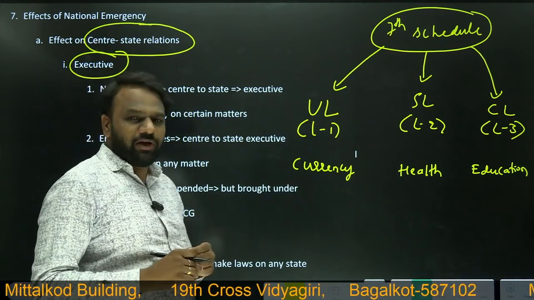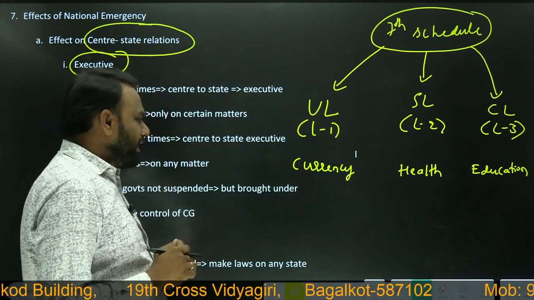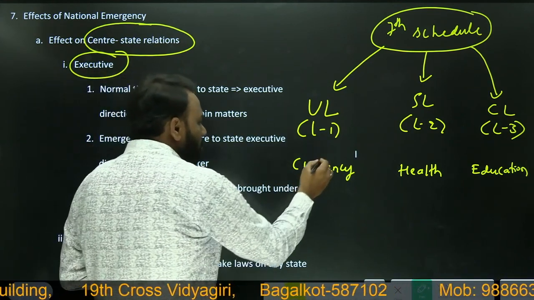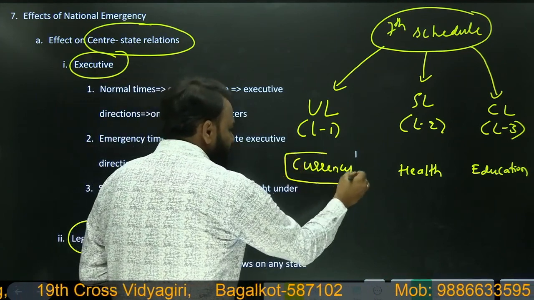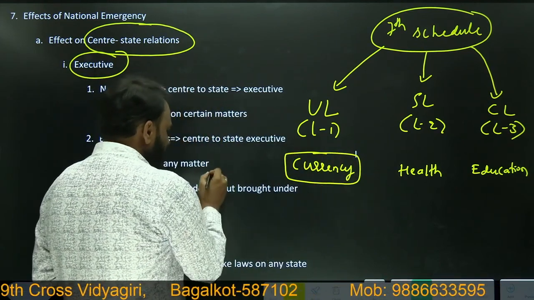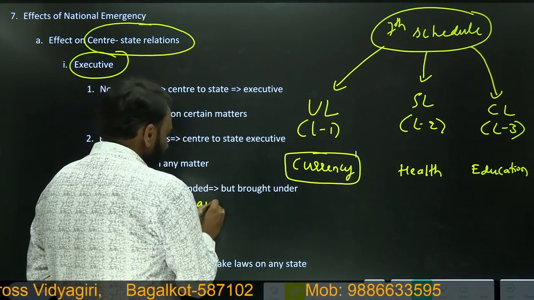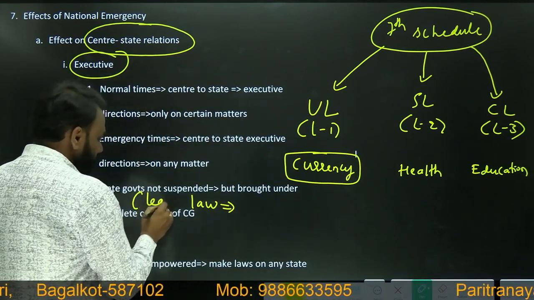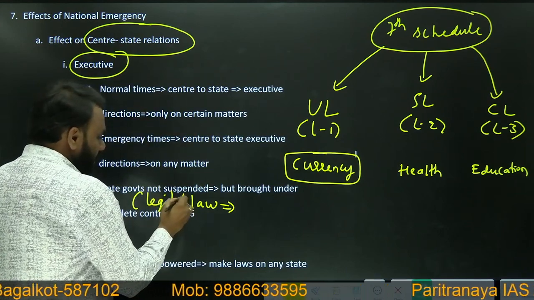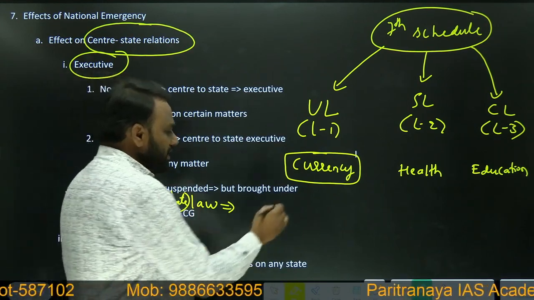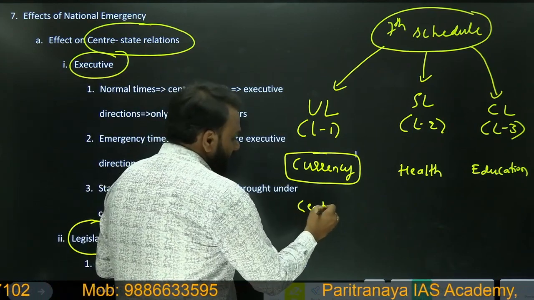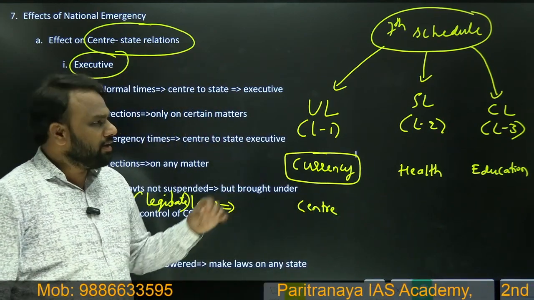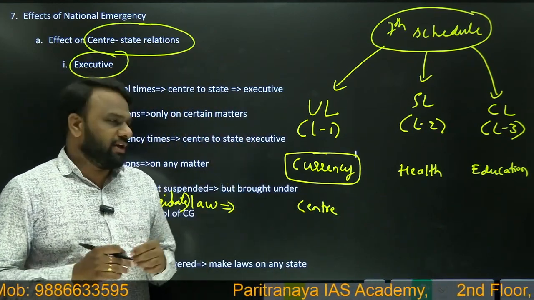So what happens with respect to legislature? During normal times, who can make law on a subject called currency? During normal time, the center can make a law on currency, because currency is present in the union list.